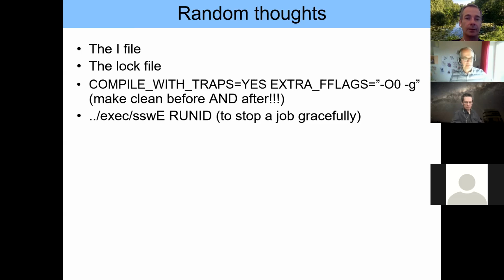Yeah. So then there is the log file. It's literally called log, and it lives in the same directory where your output is, same with the I file. And it is an empty file, if I remember correctly. It is just being generated by the model the moment it starts running. And it stays there until the moment the model ends gracefully. So if it crashes, the log file will survive.